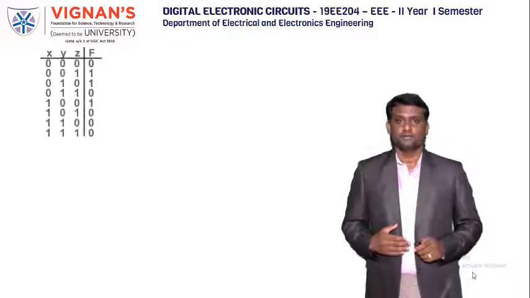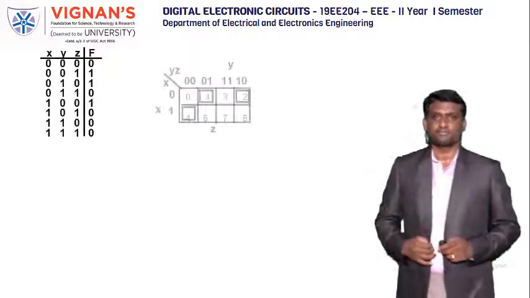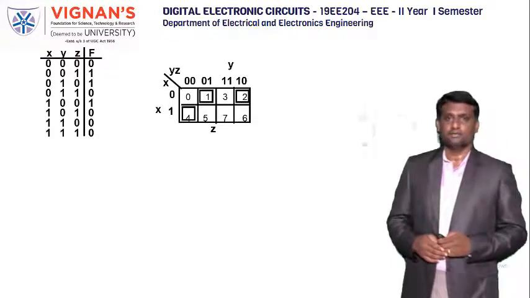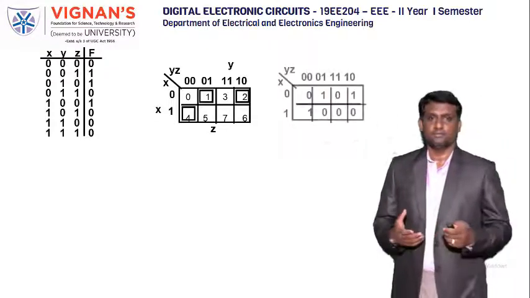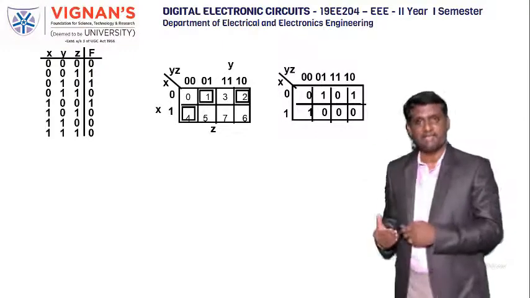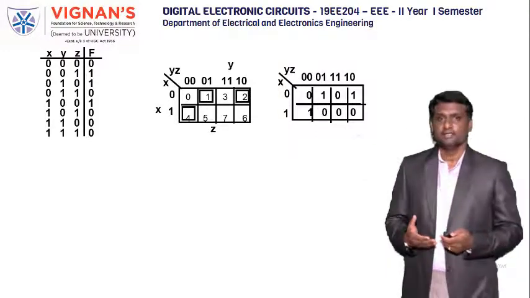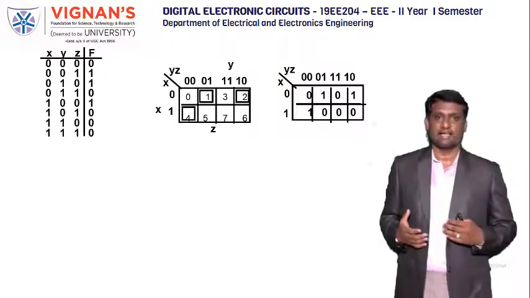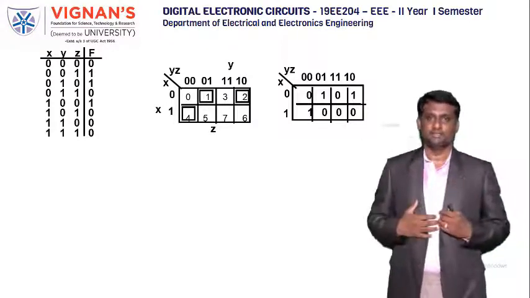So this is the 3 variable K-map representation from a given truth table. I already told you that in this lecture I am considering only min terms.